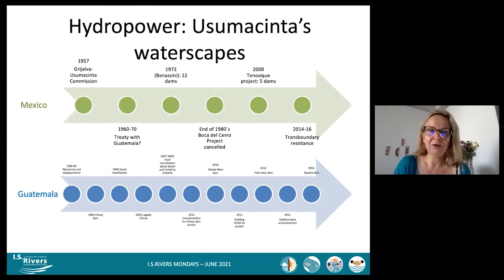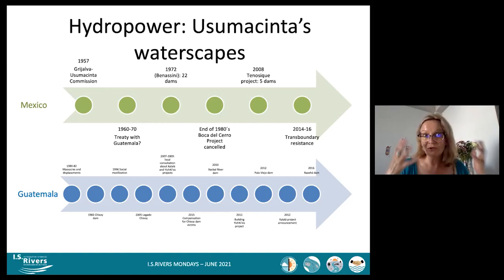And in the case of Guatemala, we have the Chixoy dam that was built and some other projects. There are 4 dams on the Usumacinta in Guatemala in the upstream section.